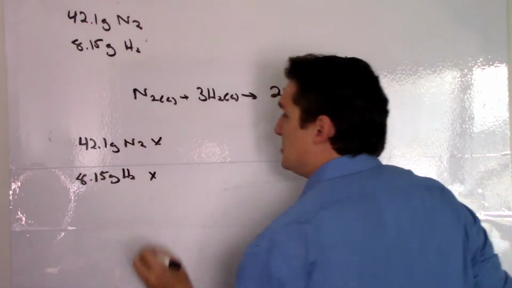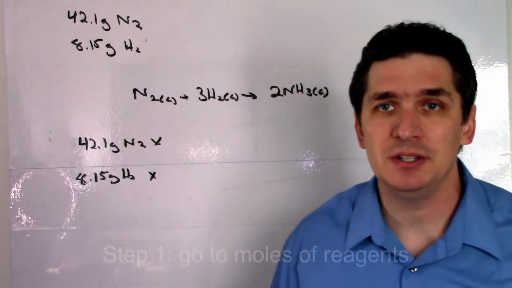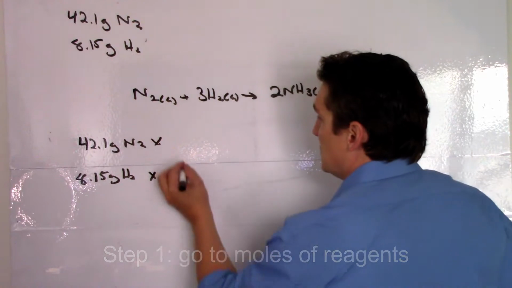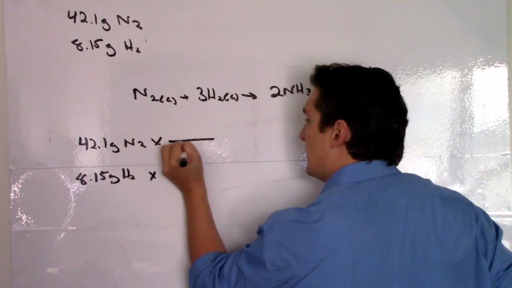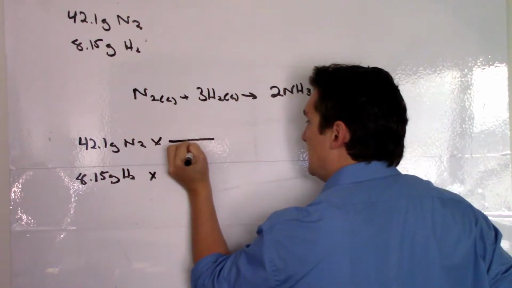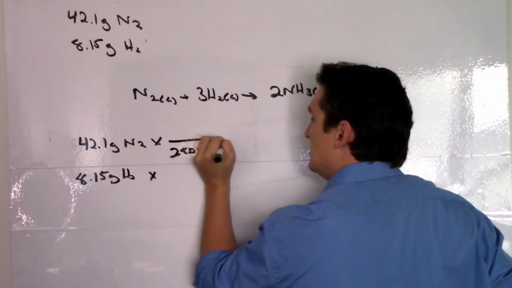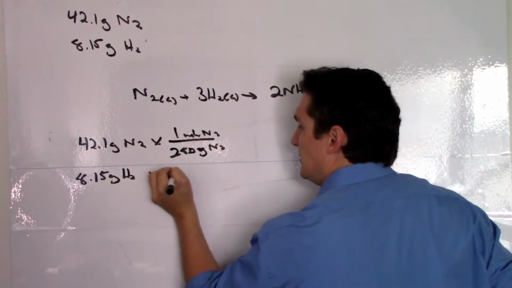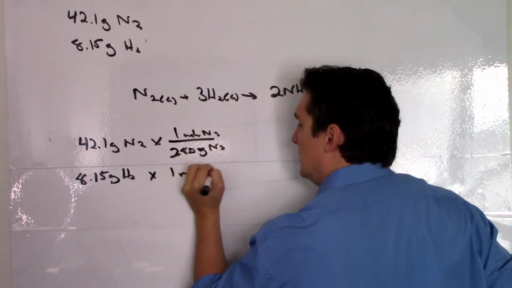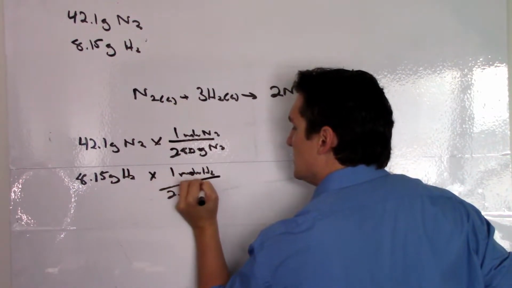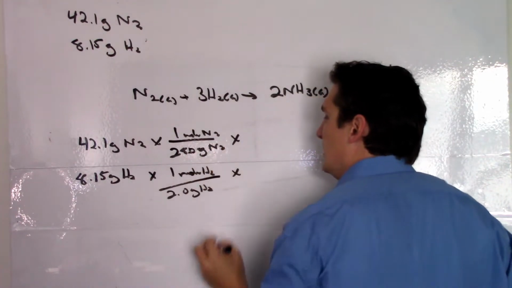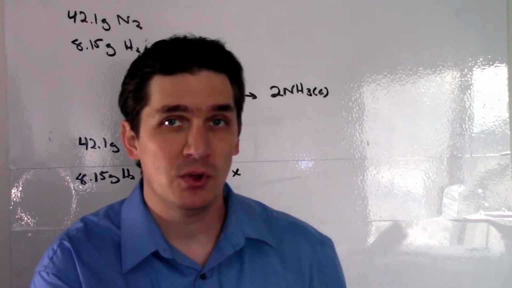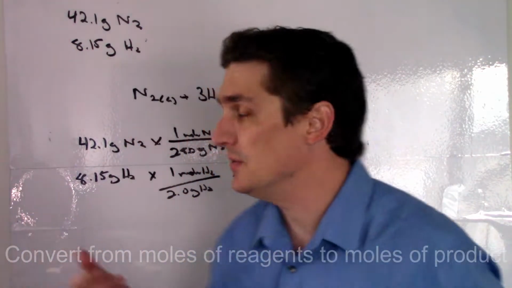With all these problems, your first step has to be going to moles, because you can't do anything in grams, you need to go to moles. The first step, divide by the 28.1, or 28, grams of N2 for 1 mole of N2. And for the hydrogen, for every mole of H2, there are 2 grams of H2. Now, what we need to do next is convert from moles of whatever we're working with to moles of ammonia.